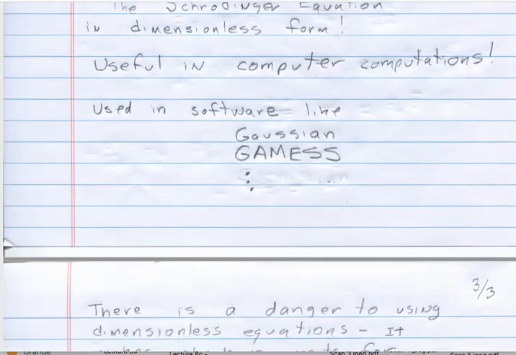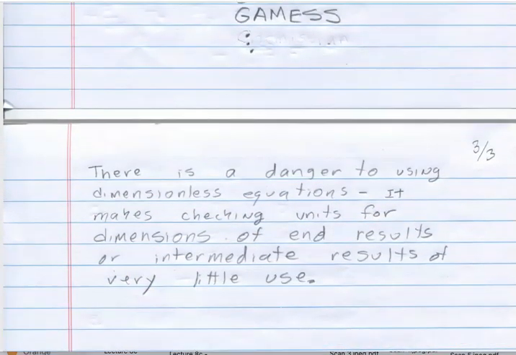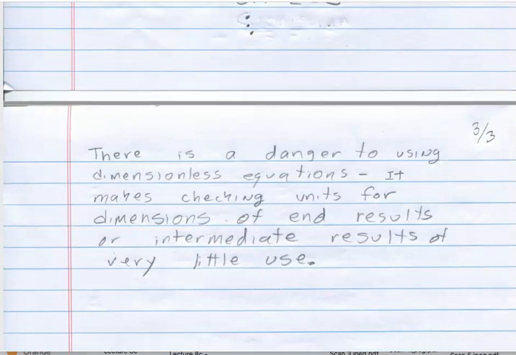There is a downside to doing a dimensionless form for the Schrodinger equation. It's really a danger. Very often, if you keep all the constants as constants and work through with dimensions, well, you can check intermediate results, at least for dimensional consistency, to make sure the units are right all the way through.